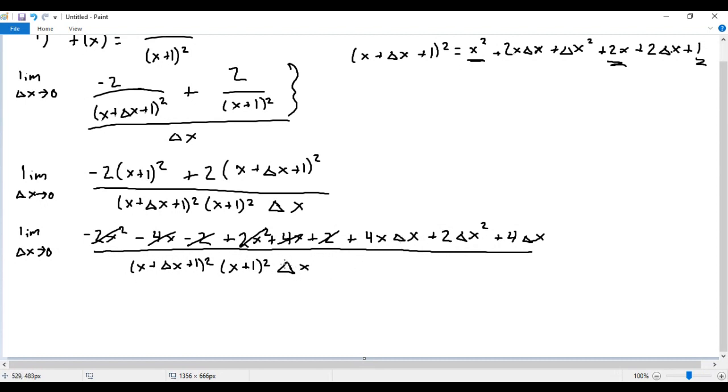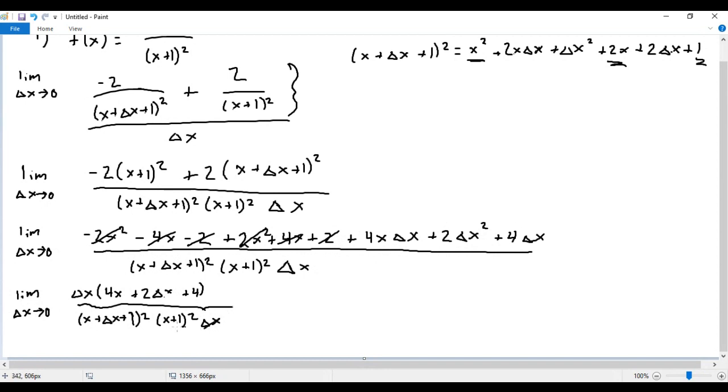But then you'll notice, since we only have terms with a delta x in the numerator, we can actually go ahead and factor out a delta x. So then we have the limit as delta x goes to 0 of delta x times 4x plus 2 delta x plus 4. And all that's going to be over our same denominator, x plus delta x plus 1 squared times x plus 1 squared times delta x.